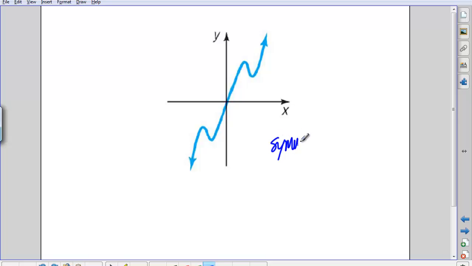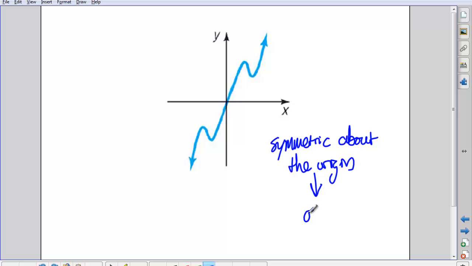Symmetric about the origin. So that means this is an odd function. Okay? And so that's one way we can tell if a function is even or odd, just by looking at its graph and looking for that symmetry.